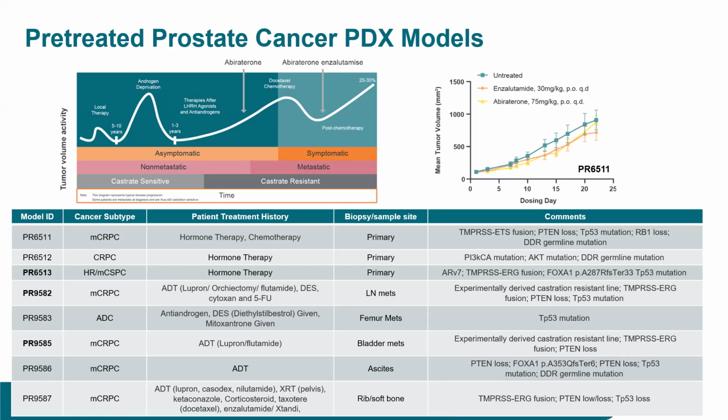Some of the models' characterization has identified TMPRSS-ETS fusions and/or PTEN loss, and also high levels of PSA expression. And here in this model, which is for metastatic castrate-resistant prostate cancer, no significant response is observed following treatment with either enzalutamide or abiraterone, but this was still found to be sensitive to docetaxel.